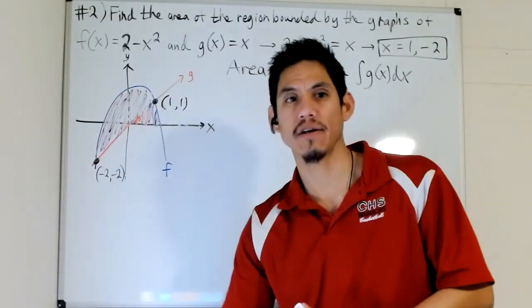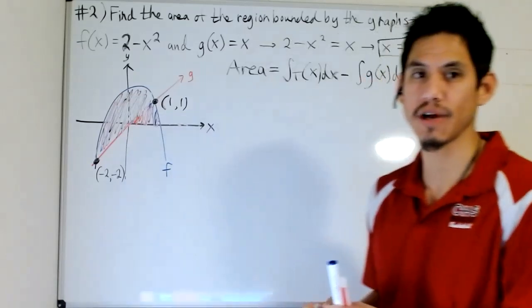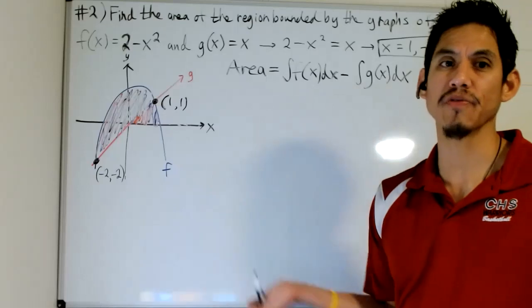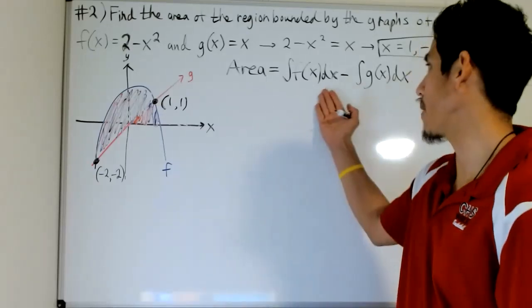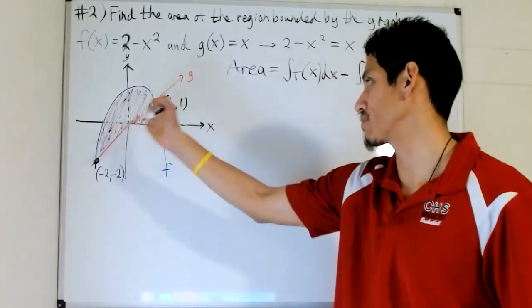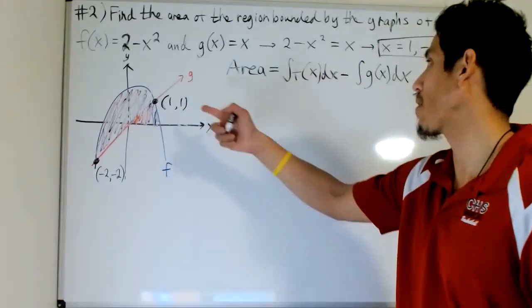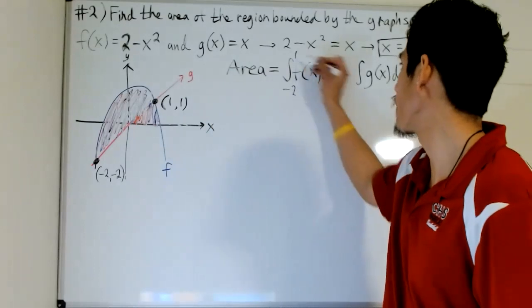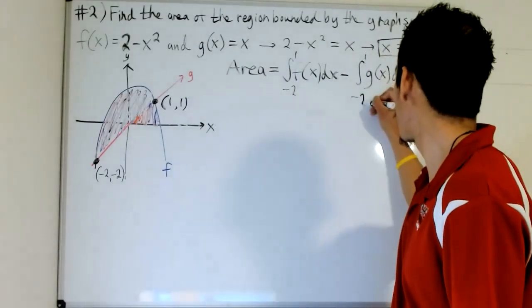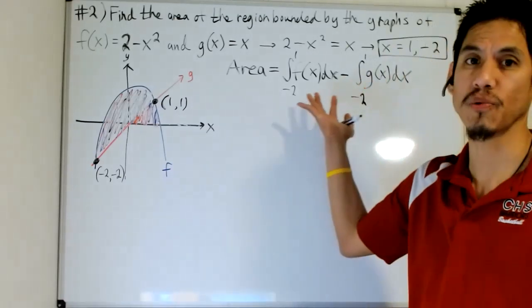So that's the idea. You want to make sure you get the setup correct, because the rest is pretty much just doing stuff you've already practiced with. So we're going to integrate from -2 to 1. We're integrating in terms of x. And you can simply combine this into one integral.